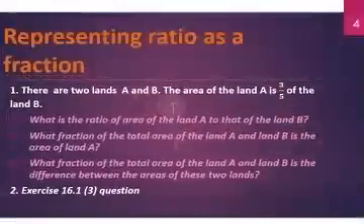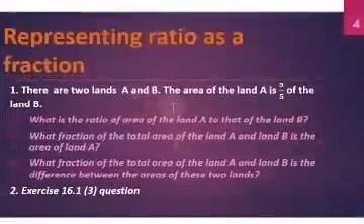Here, first example, there are two lands, A and B. The area of land A is 3/5 of land B. So the area of one land is 3/5 of the other land.